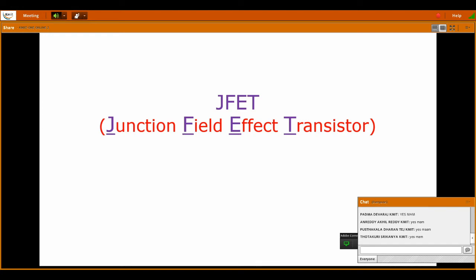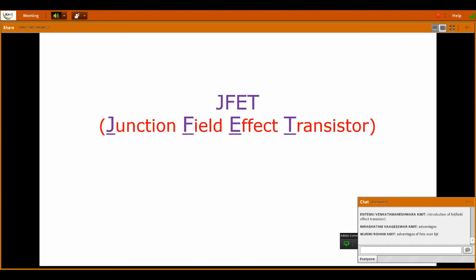Can anybody tell me what we discussed in the previous class? Yes, N-channel and P-channel JFET, FET's introduction, classification, and also the advantages of FET over BJT, and the symbols, and why we go for FET instead of BJT.